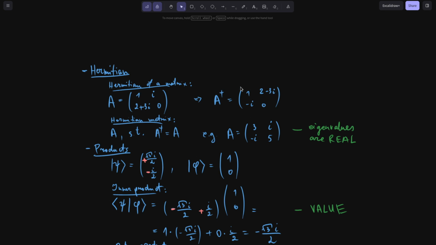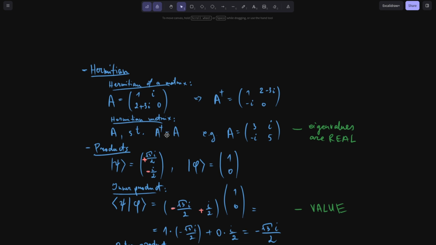What we do is just take a transpose and then take the complex conjugates of the entries. As you can see, it was here i, and now it became minus i. Here it was 2 plus 3i, and here it's 2 minus 3i. So complex conjugate. So yeah, for real numbers, it's just the transpose.